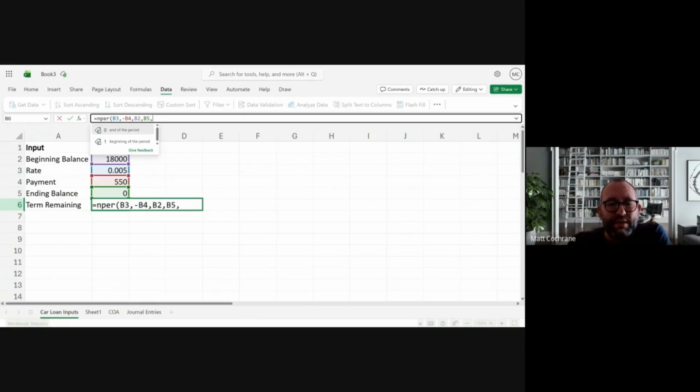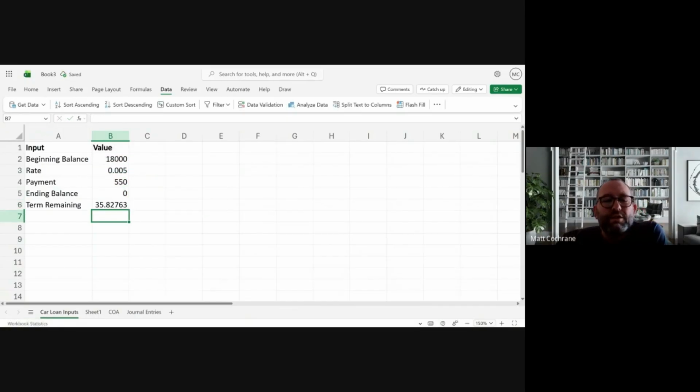So we just click 0 for end of period. When we do this, we get 35.827. That essentially tells us that there will still be a little bit of a balance remaining after 35 months. So 36 months is the total number of months remaining.